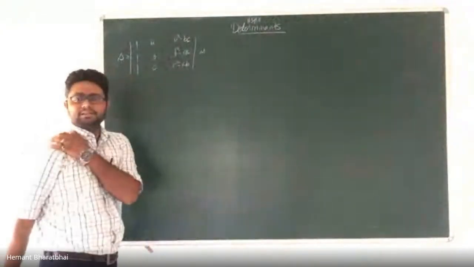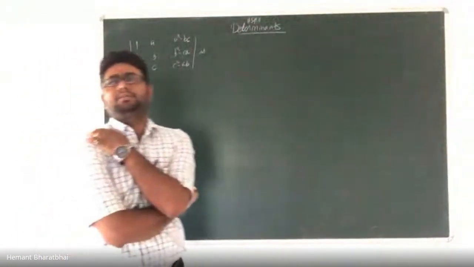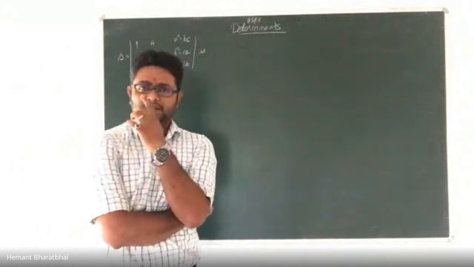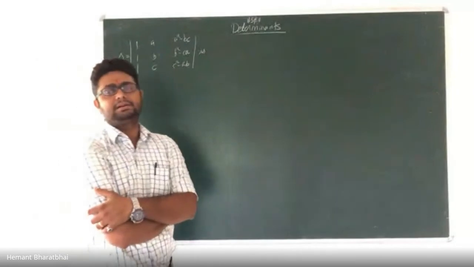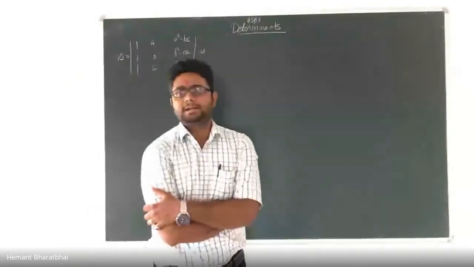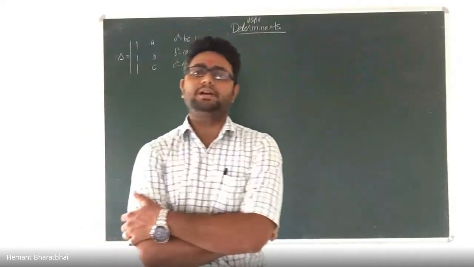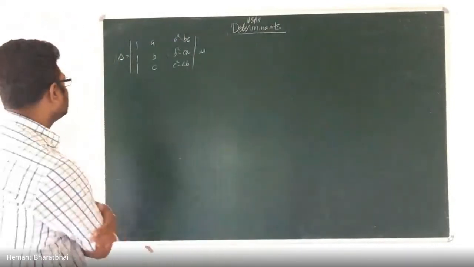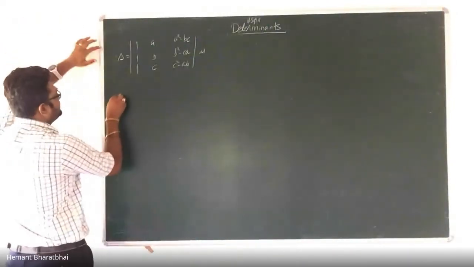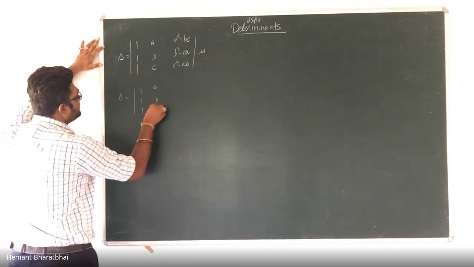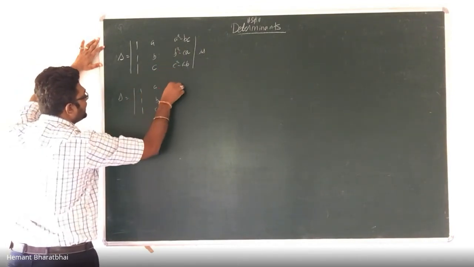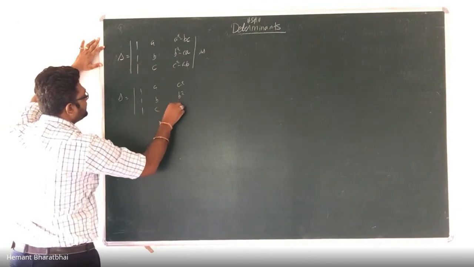So if you remember the property, if the terms of a row or column are expressed as the sum of two numbers, then the determinant can be shown as the sum of two determinants. That is what I'm going to do here: 1, 1, 1, A, B, C, and here A square, B square, C square.